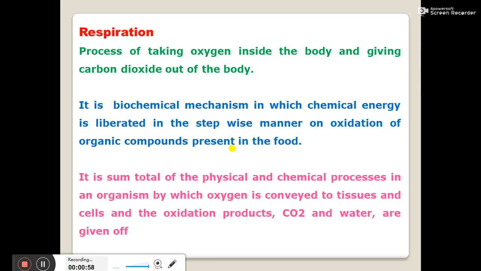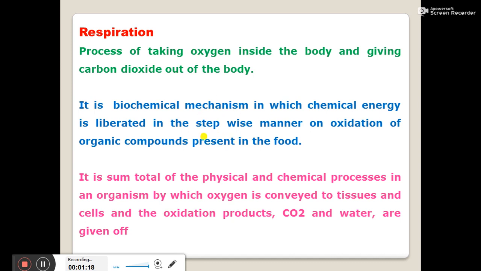There is another definition which states that respiration is the sum total of the physical and chemical processes in an organism by which oxygen is conveyed to tissues and cells, and the oxidation products carbon dioxide and water are given off.